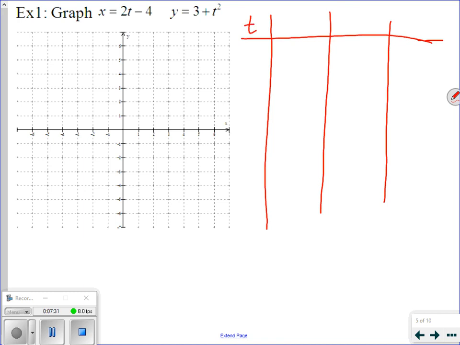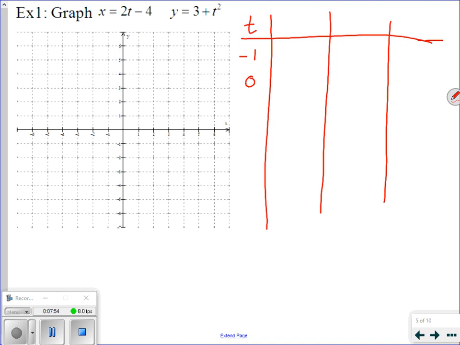We're going to start off with what we're going to let our parameter be. Usually they give you some domain for t, and if they don't, usually it's a fair point to start at 0. But just to be sure, I'm going to go back one.